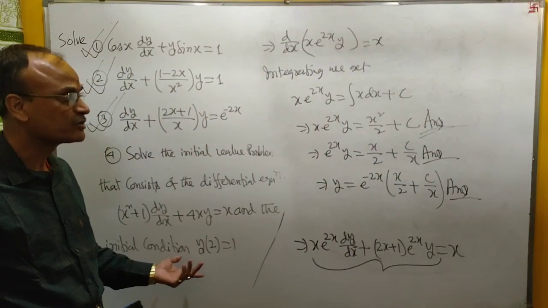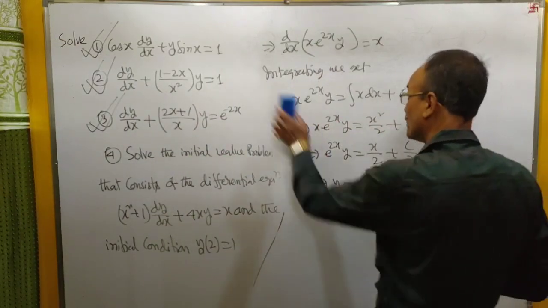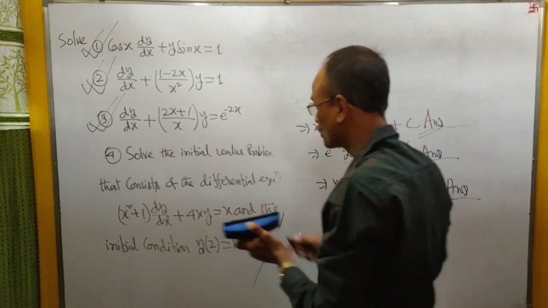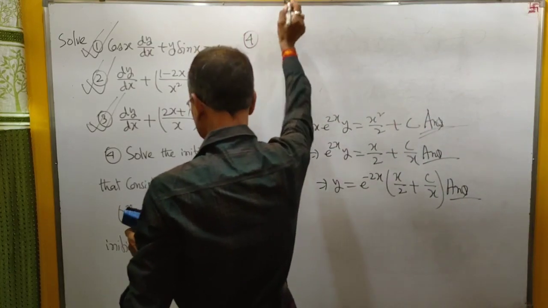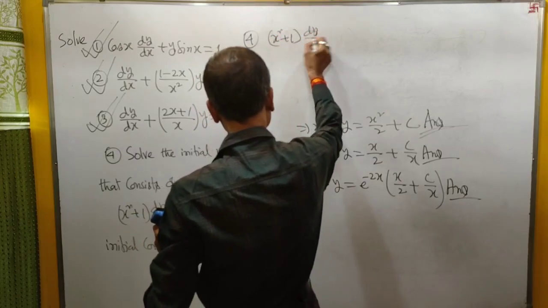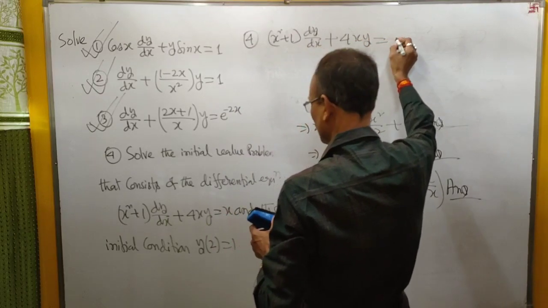You will get the particular solution. Now number 4. The differential equation is (x square plus 1) dy by dx plus 4xy equal to x.